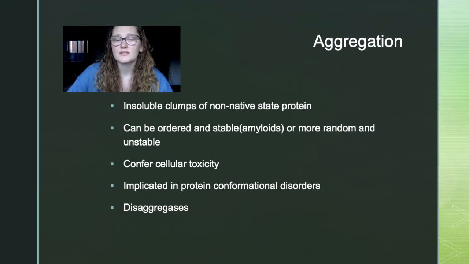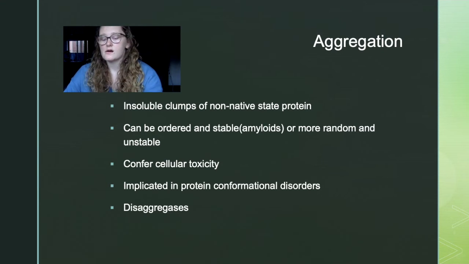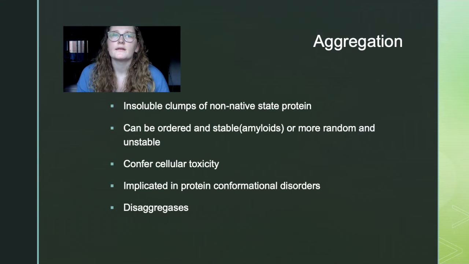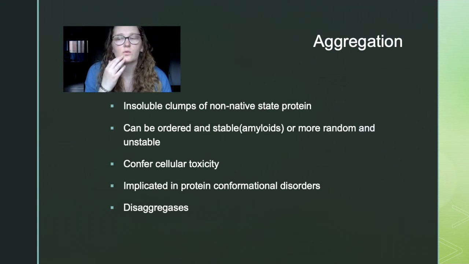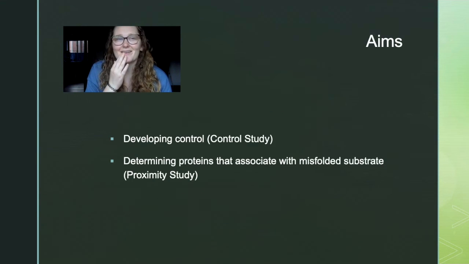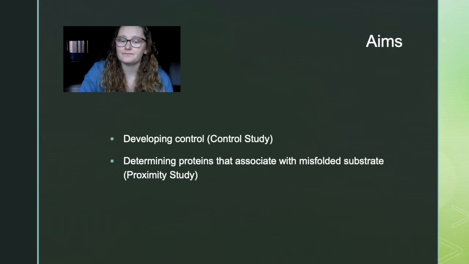So my project specifically is looking at what do human cells use instead of HSP104? What proteins might we have that function in the same way? And that's really significant because the more we know about those types of pathways, the better we can understand diseases like Alzheimer's and Parkinson's and be able to diagnose them better, understand them better, maybe eventually treat them way far down the line better. So this is very important.